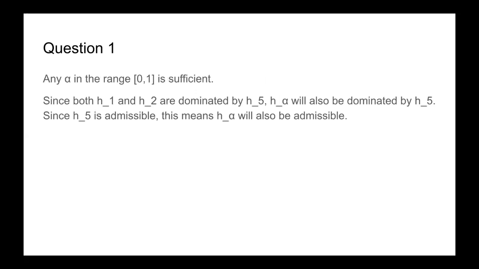And this is because since both h sub 1 and h sub 2 are dominated by h sub 5, then that means that the weighted sum of both h sub 1 and h sub 2 will also be dominated by h sub 5, which is the maximum value of either heuristic. And since h sub 5 is shown to be admissible, then that means h sub alpha will also be admissible.